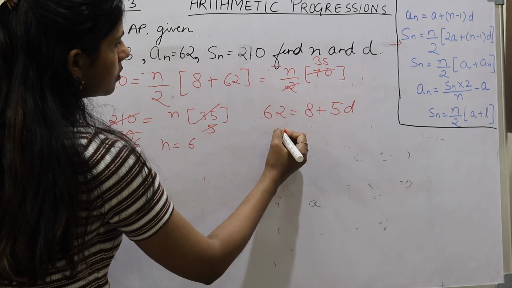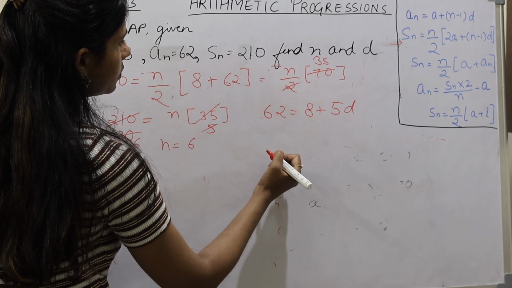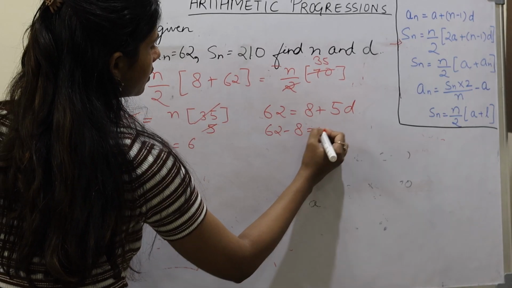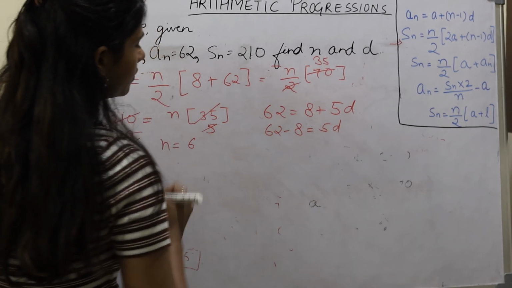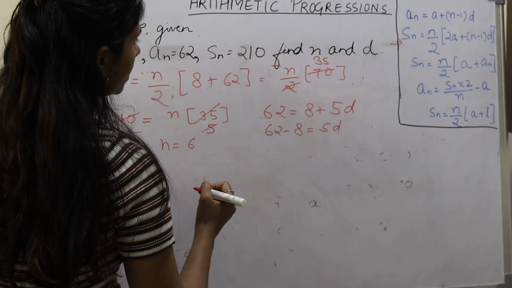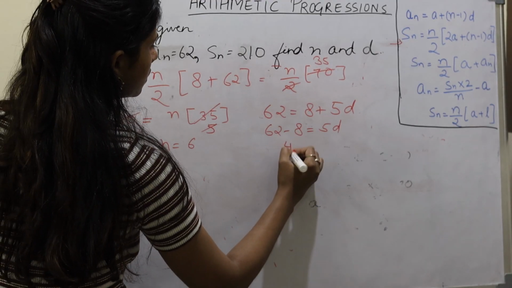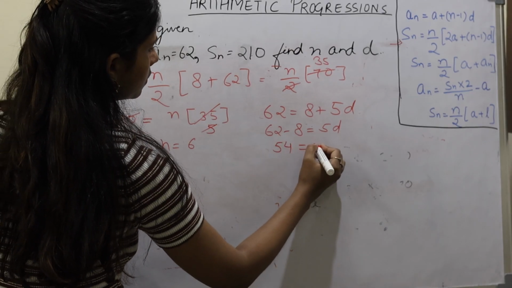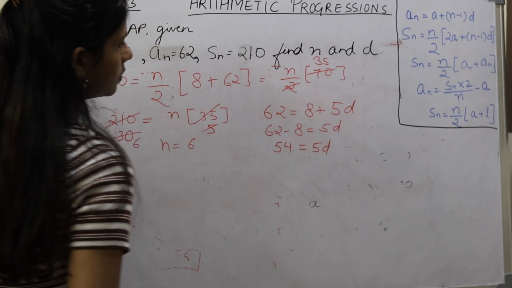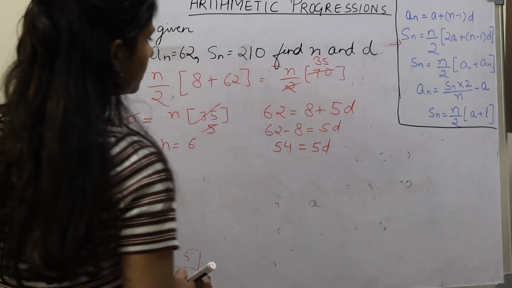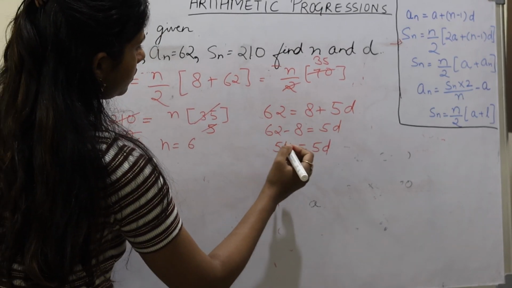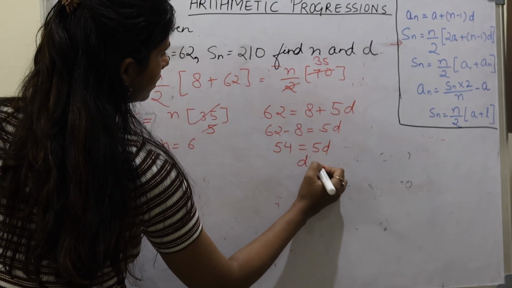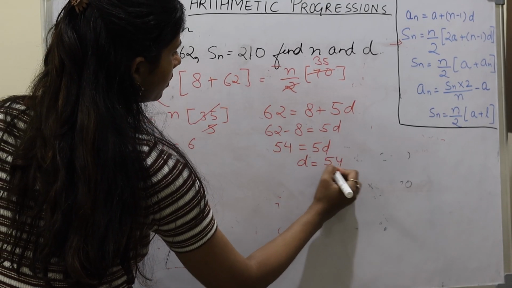Okay, so 62 minus 8 equal to 5d. Okay, all right. Now d will be 54 by 5.